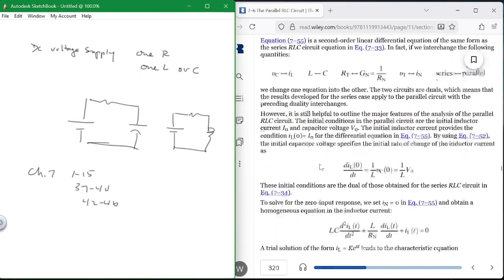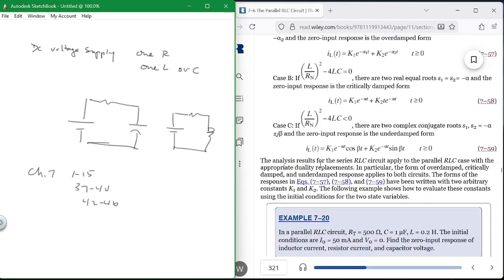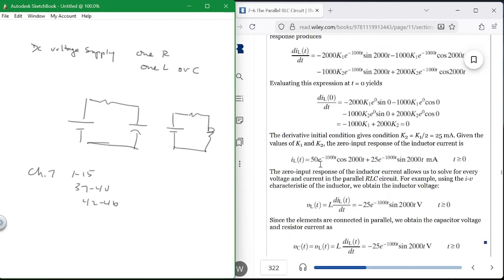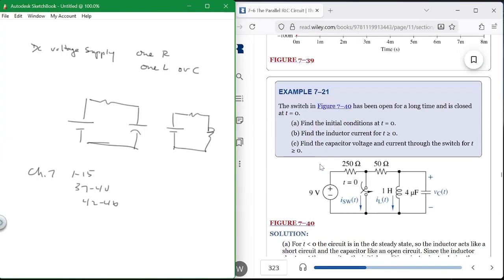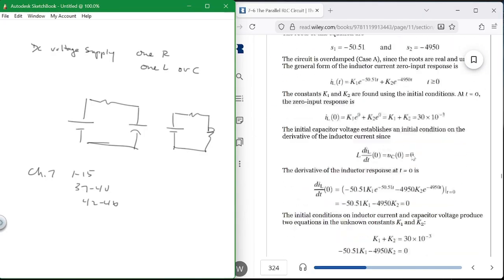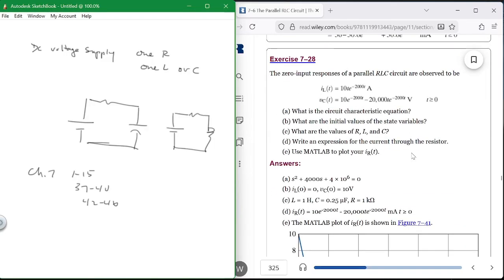With a simple battery power supply, or maybe a sinusoidal supply, but basically a battery supply. And in this case, the resistor is in series with the inductor and the capacitor. And they find the solution. There it is.